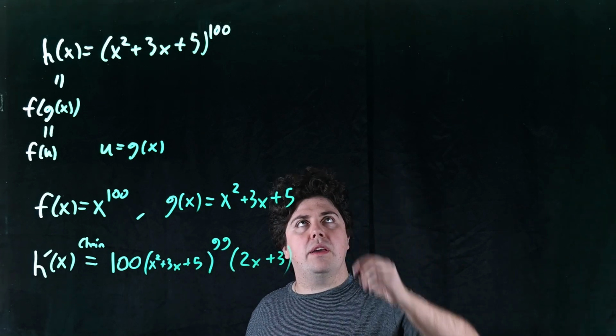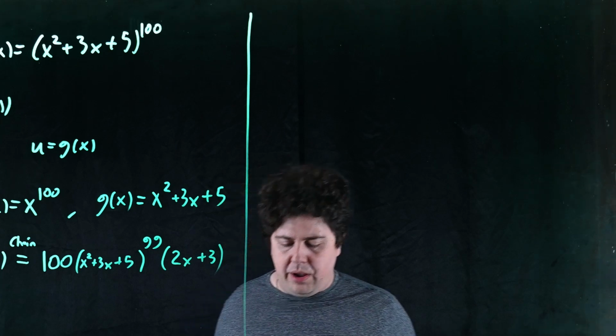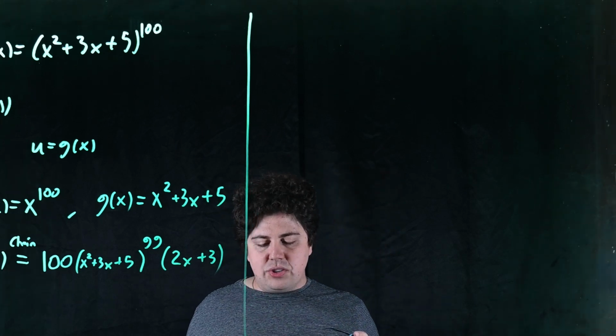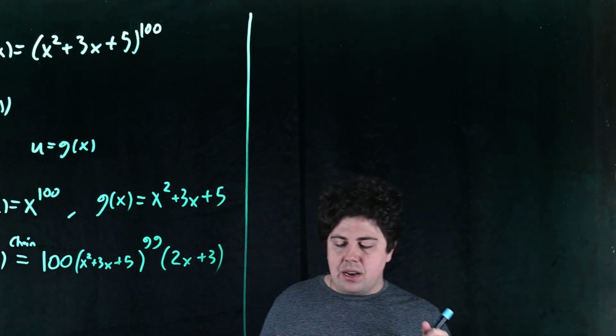Let's do another example here. Let's say we have, all right, this is going to be a little messier. This is deliberate because I just want to show you that things can be messy and it can work out.